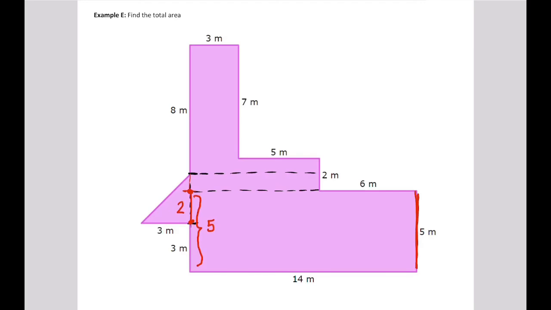All right, so we know that that's 5 from there to there. And here's another thing that we know. We know that from here to here, that's 8. From here to here is 5.